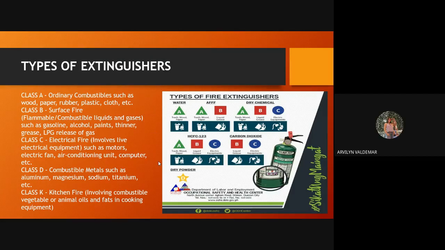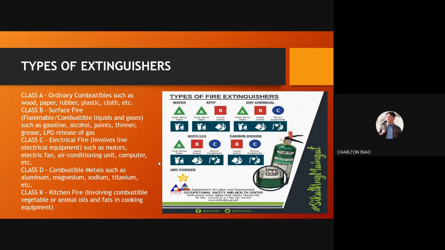So, types of extinguishers. First is Class A. This is used for ordinary combustibles such as wood, paper, rubber, plastic, and cloth. Next is Class B, surface fire, flammable or combustible liquids and gases, such as gasoline, alcohol, paint, thinner, grease, and LPG release of gas.